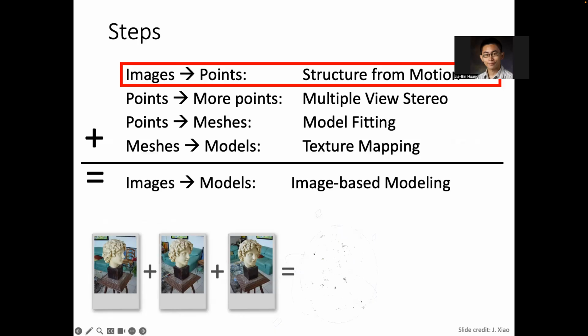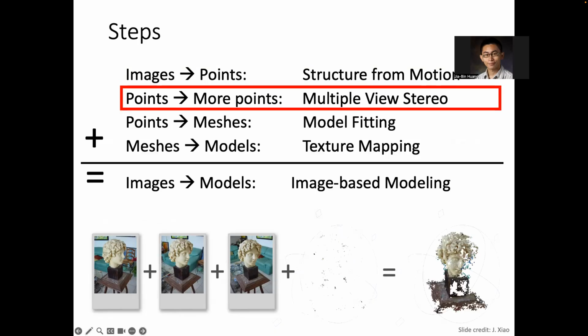So what you can do is take the estimated camera poses and fix them, and then based on the camera poses, the 3D point cloud and the images, we figure out denser matches, right? And this is called multi-view stereo. It's basically the stereo algorithm we talked about so far, but with multiple images at the same time. That's why it's called multi-view stereo.